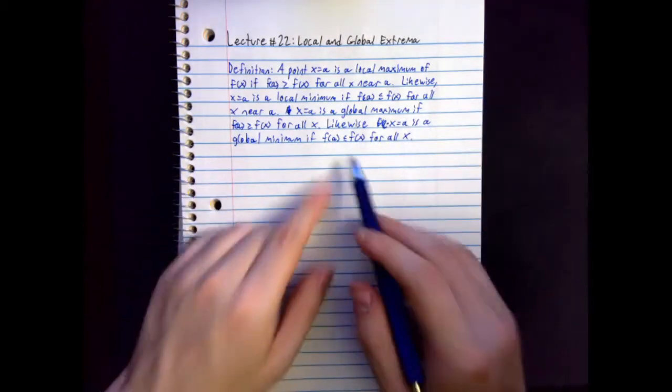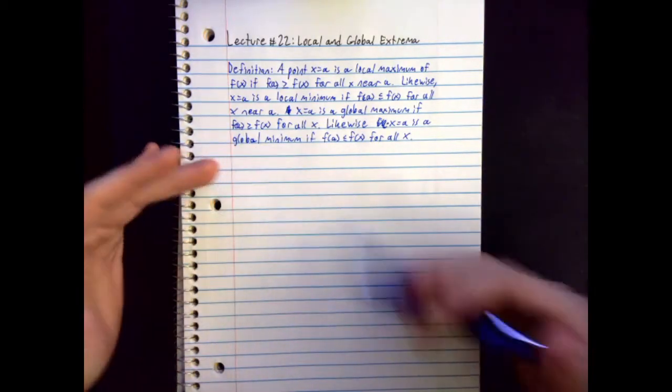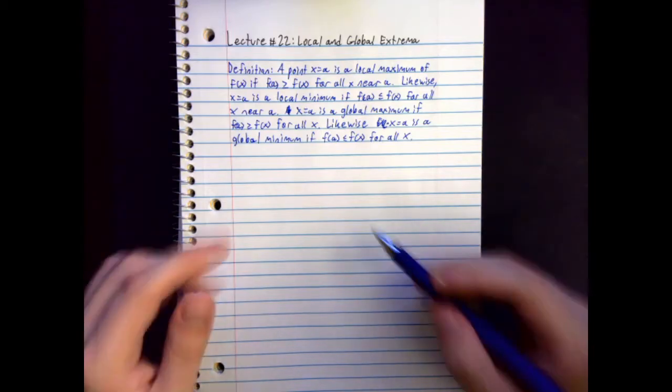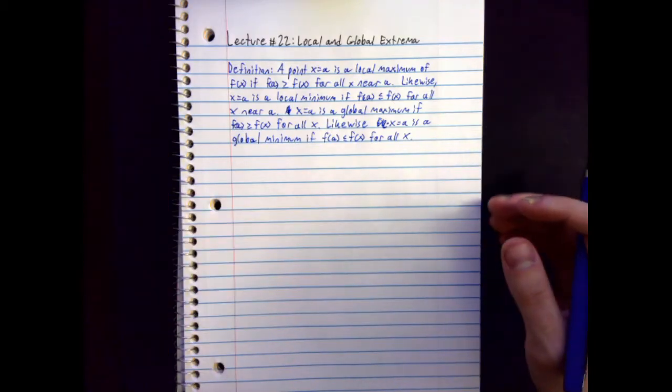Okay, so global maxima and global minima are these points where f is assuming its absolute smallest or absolute largest value. Importantly, none of these points need to exist. A function can have no local or global extrema.